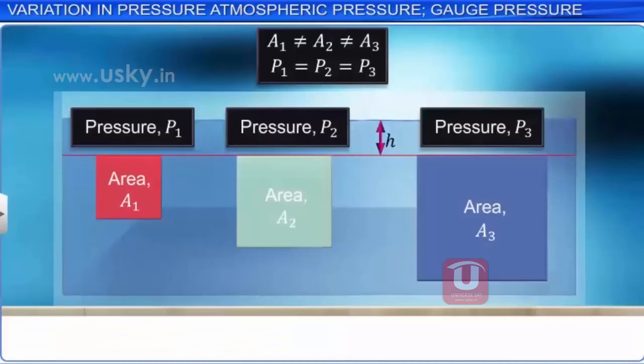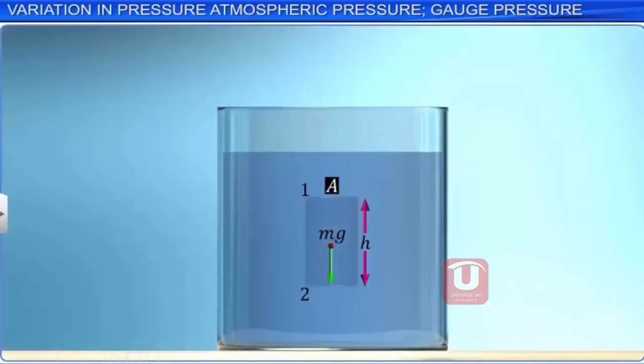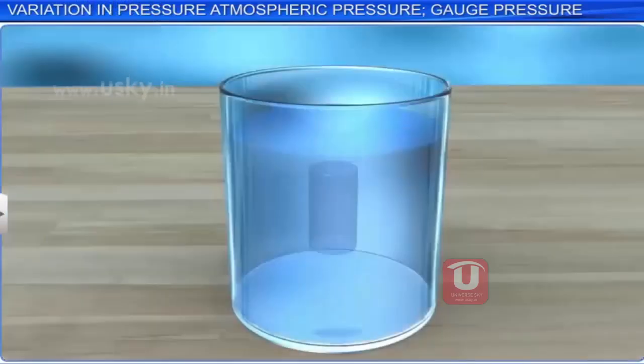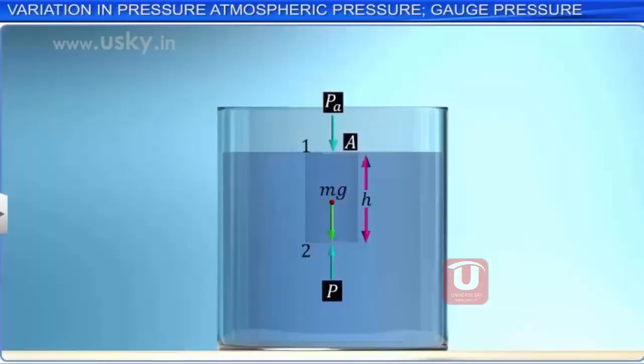If point 1 of the liquid element considered is on the top surface of the liquid and is exposed to the atmosphere, then the pressure at the bottom of the element becomes P equals Pa plus ρhg, where Pa is atmospheric pressure. Here, the pressure difference, P minus Pa, is called the gauge pressure at that point.